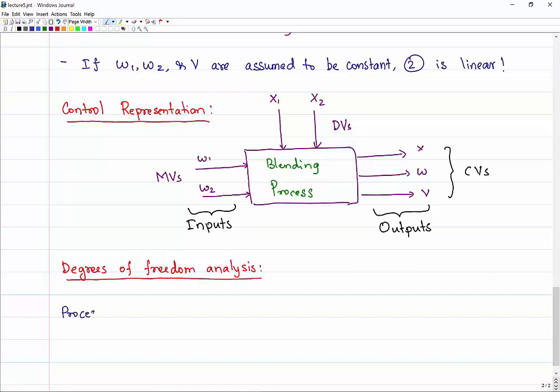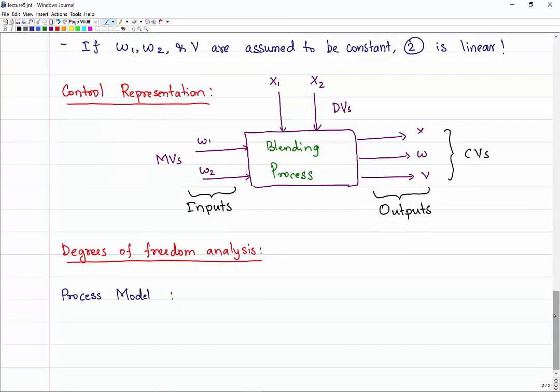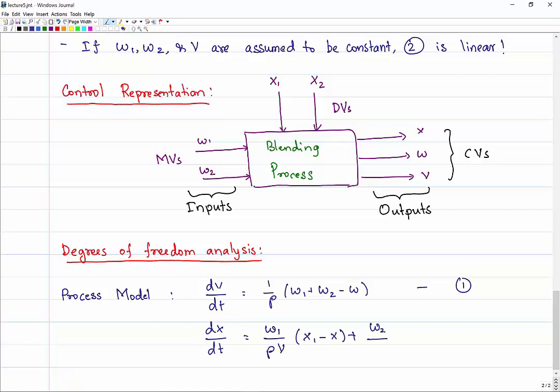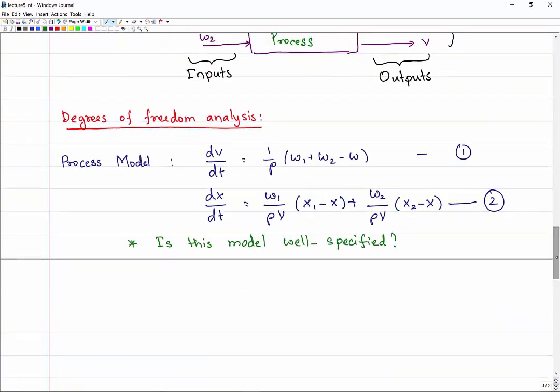Now, it turns out that process models, unless well specified, do not have a unique solution. If a process model does not have a unique solution, then we're going to be in trouble because we cannot solve the associated differential or algebraic equations, and therefore we cannot design a controller. So when a process model is developed, it has to be well defined or well specified.